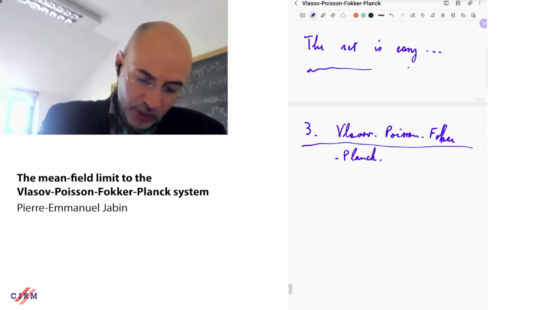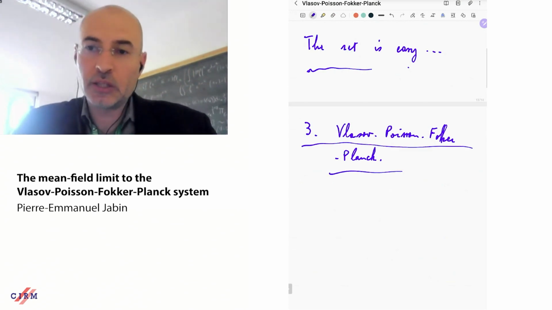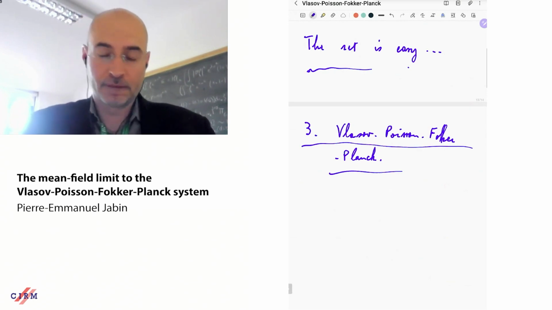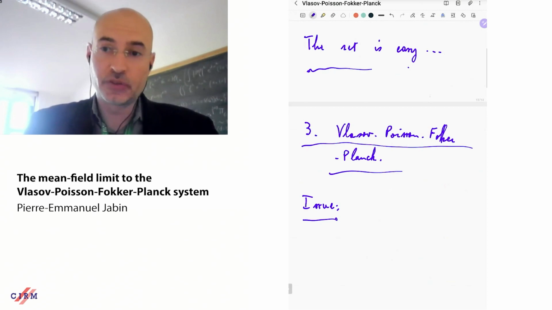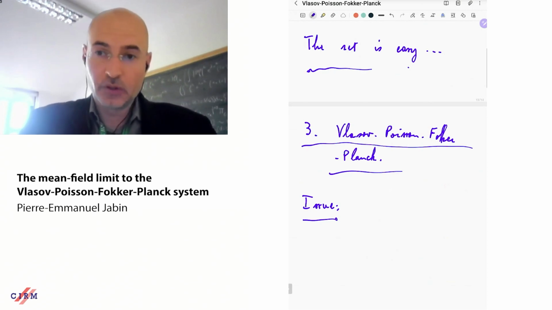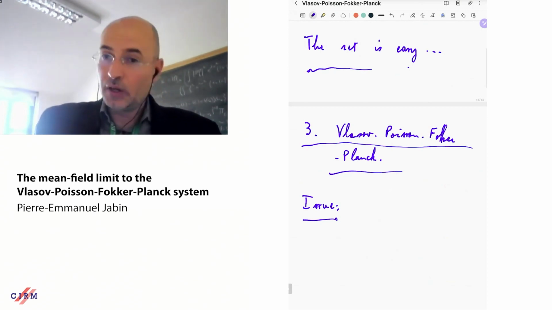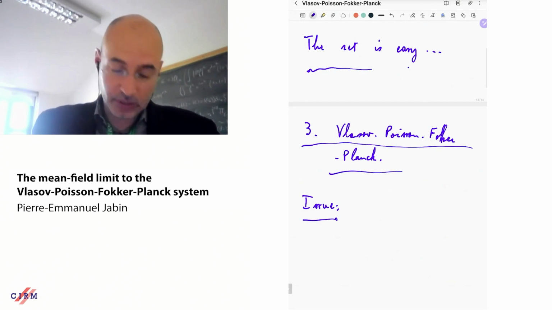So first of all, what is the issue and why can't I just do the same proof? Well, with Vlasov-Poisson-Fokker-Planck, the issue is in appearance relatively simple. It's solving it that turns out to be complicated. And the issue is the following.